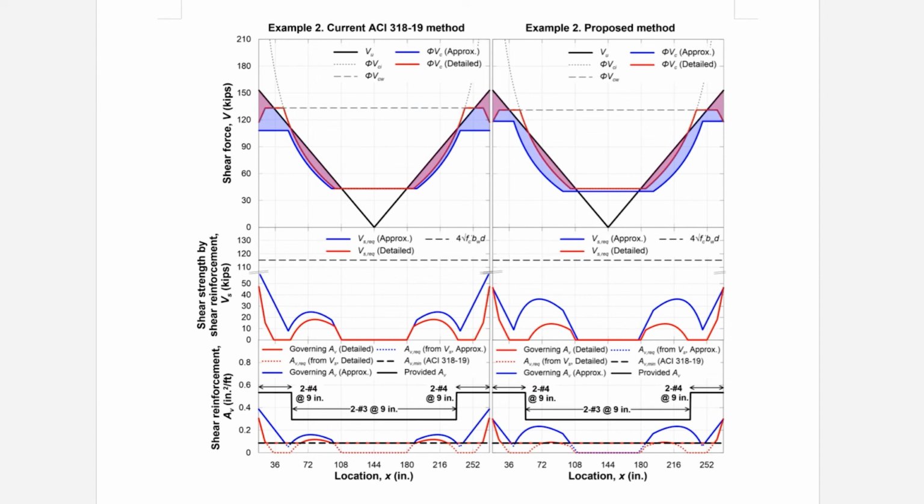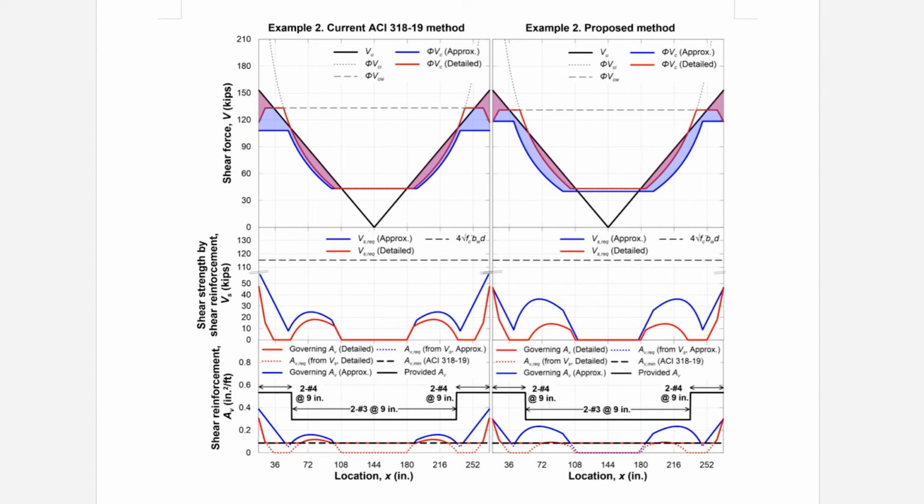So for the end region, I like to use 2 legs of number 4 bars with 9 inches. So this is the capacity, and in the mid-span region, I use 2 legs of number 3 bars with a spacing of 9 inches.